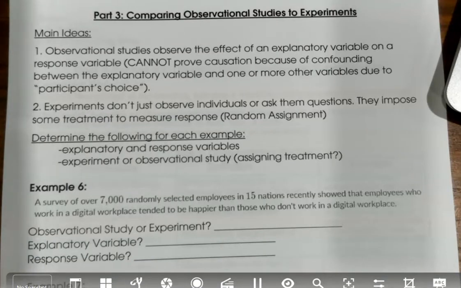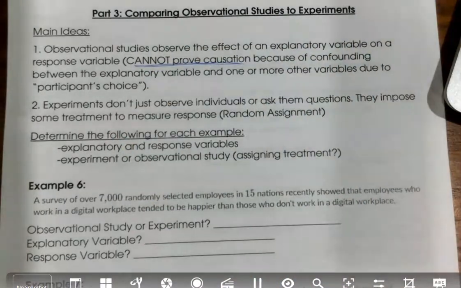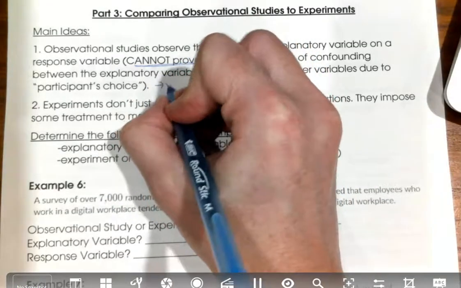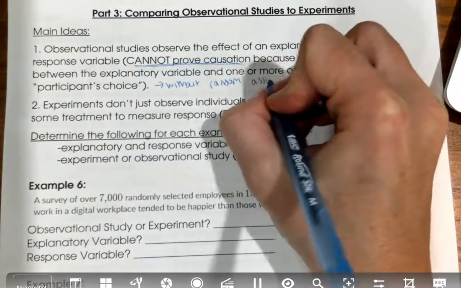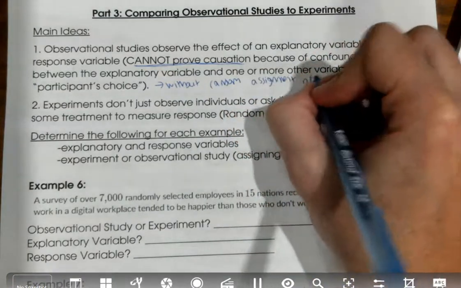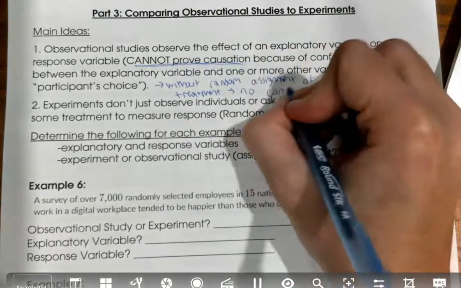All right, so the main ideas that I want you to comprehend is, number one, observational studies observe the effect of an explanatory variable on a response variable, but we cannot, let me emphasize that again, cannot prove causation because of confounding variables between the explanatory and one or more due to participants' choice, which means without random assignment of treatment, no conclusion about causation.